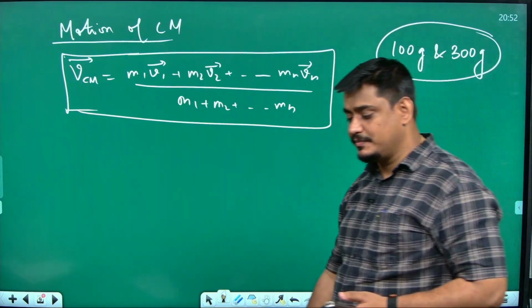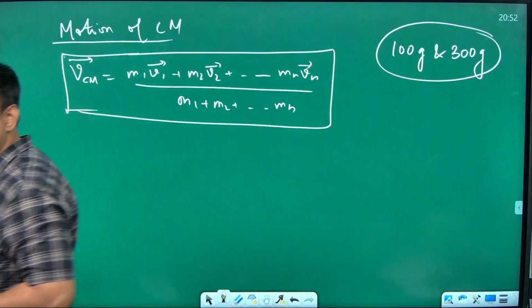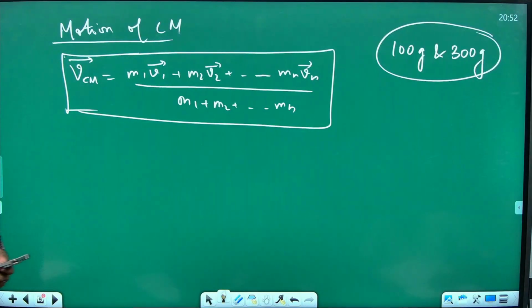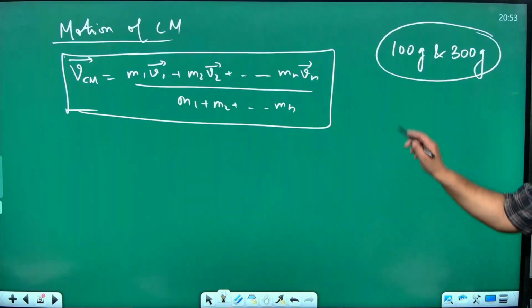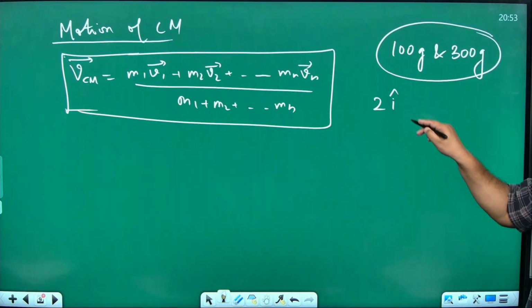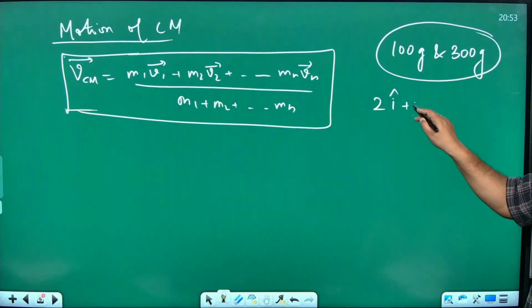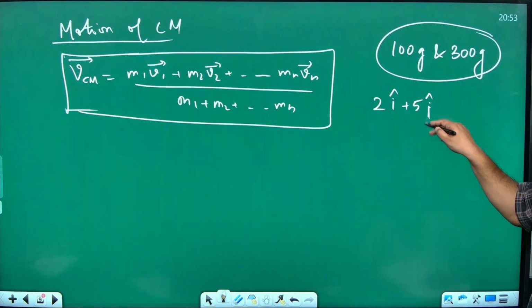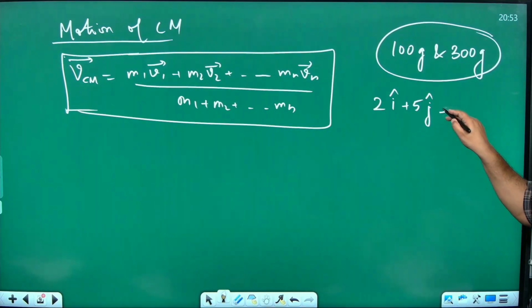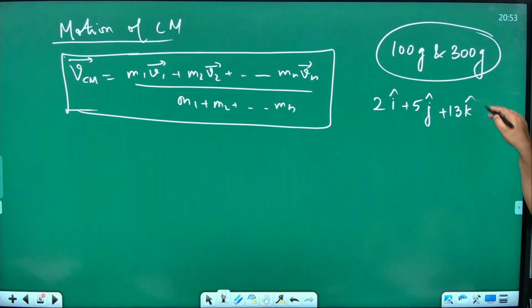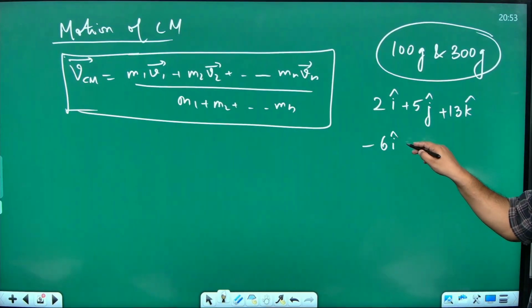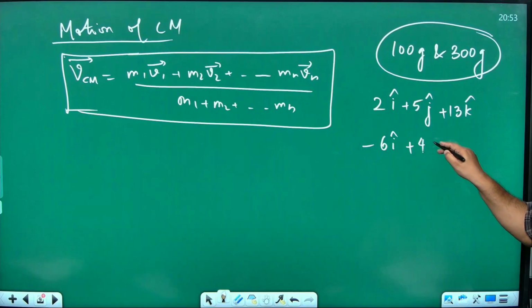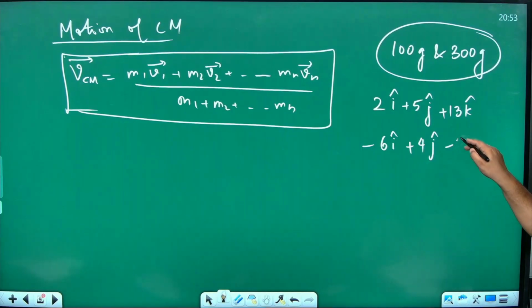at a given time have positions 2i cap plus 5j cap plus 13k cap and minus 6i cap plus 4j cap minus 2k cap respectively.